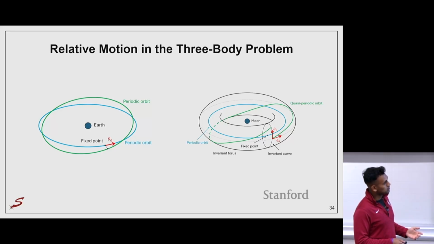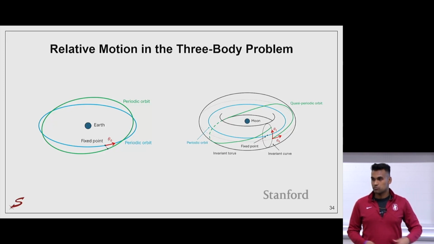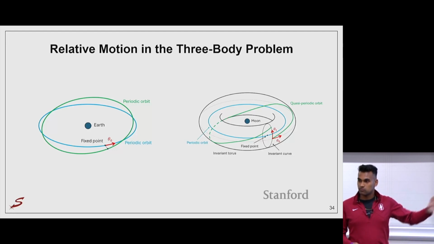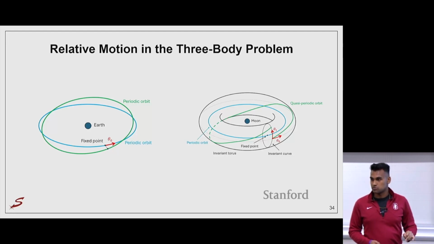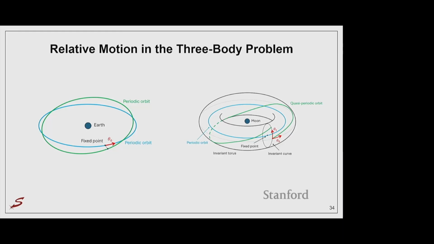And so for the deputy spacecraft, the Keplerian orbital elements aren't valid anyway, but even if they were, there is no defined semi-major axis or things like that for the deputy spacecraft. And we can see it traces out that quasi-periodic motion.